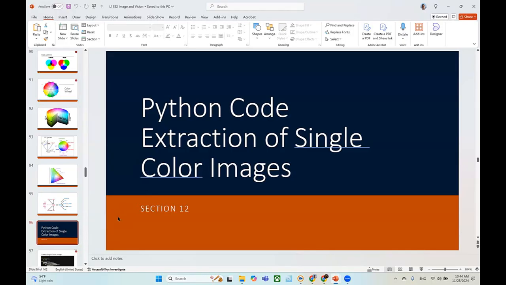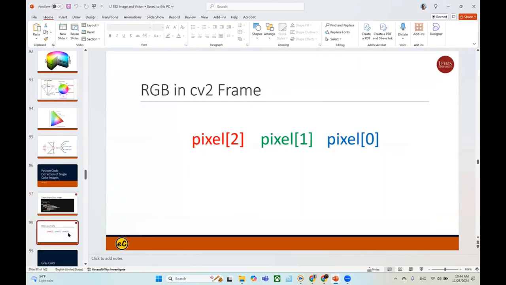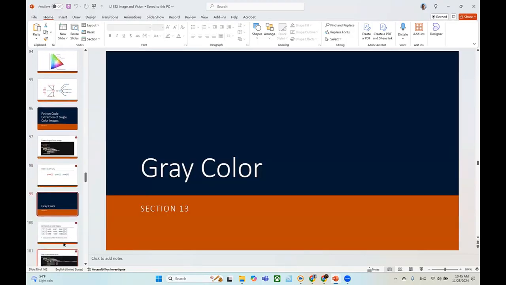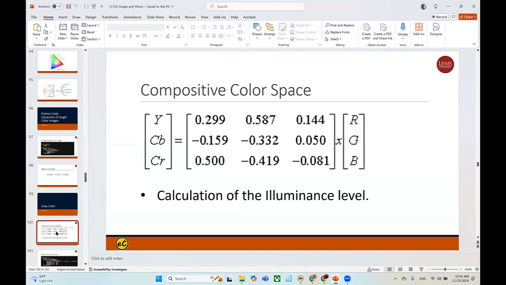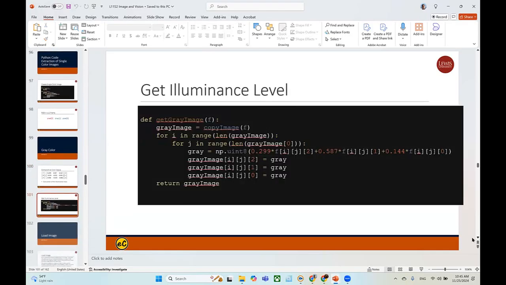So here we talk about Python code iteration of a single image. We talk about what a pixel is in the OpenCV frame, and gray color conversion from RGB to YCbCr. YCbCr is usually used in TV.